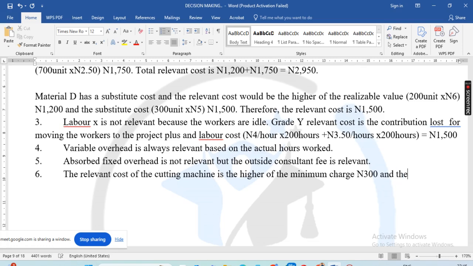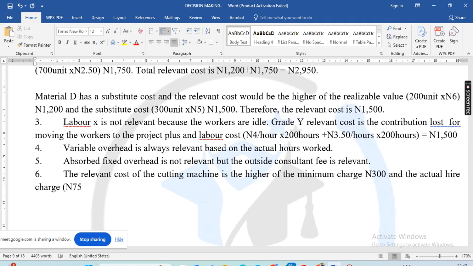And the higher charge. What is the charge, sir? 75 naira times 3 months. 3 months.